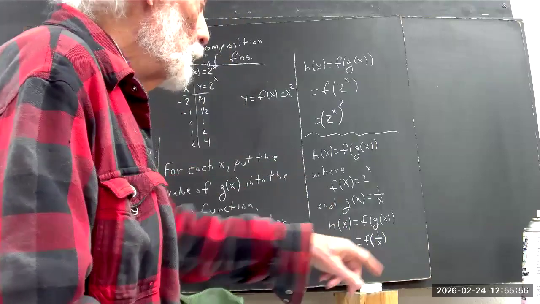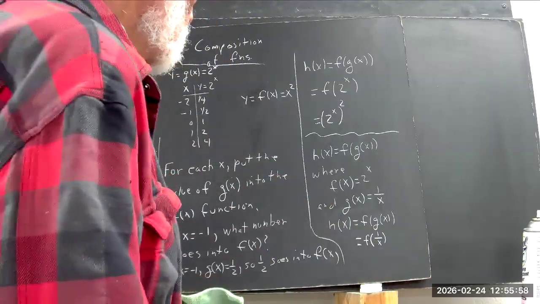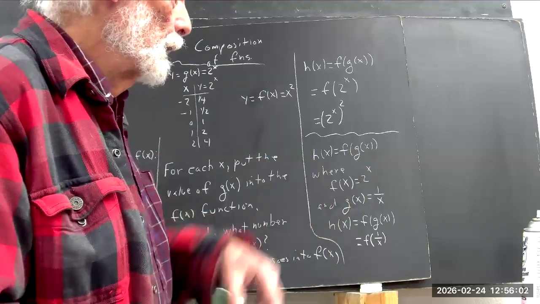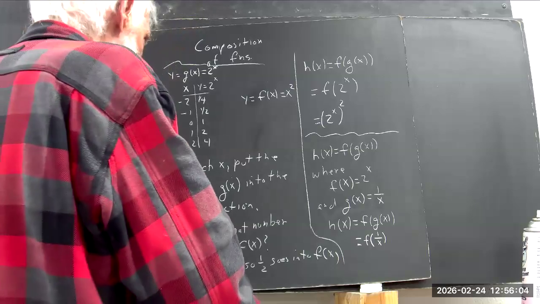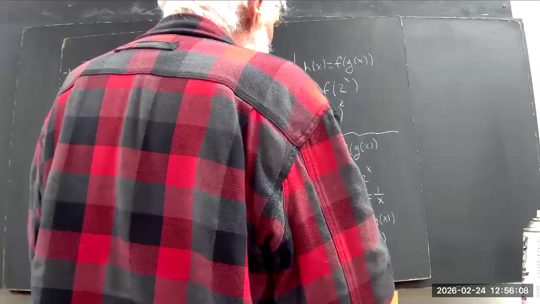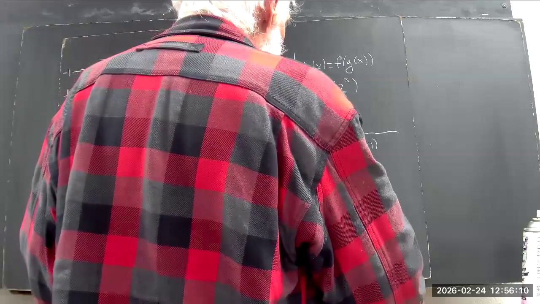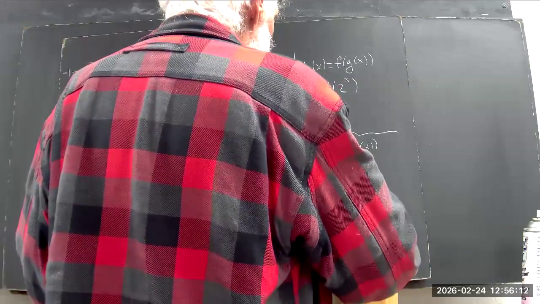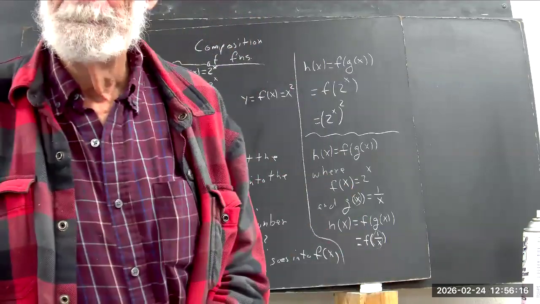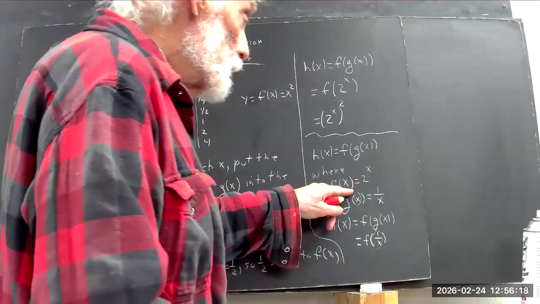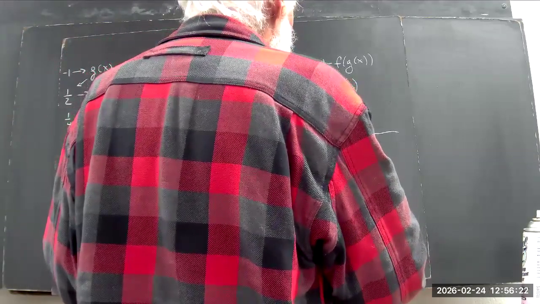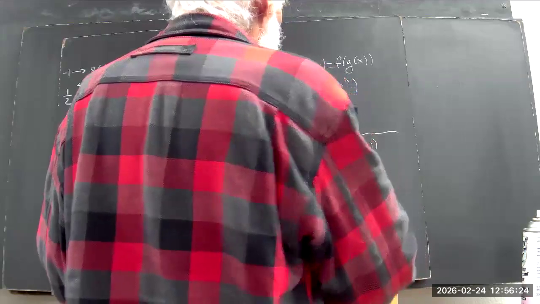Now, what's f of 1 over x? Well, you go back to the definition of f of x, which is 2 to the x. So what we're going to do is replace x by whatever's in here. X is going to get replaced by 1 over x, right? Oops, I circled the wrong one.